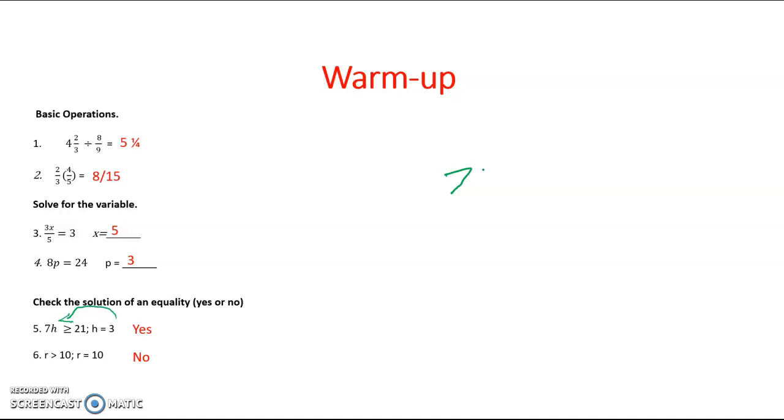So I have 7 times 3 is greater than or equal to 21. So 21 is greater than or equal to 21. And the answer is yes, because the bar underneath the greater than symbol means that it can include that number. So the answer is yes.